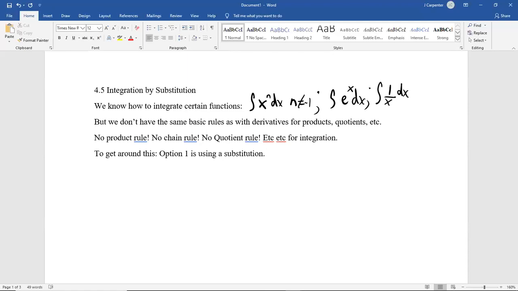Okay, so option 1 is using a substitution. Now, we've done substitutions before. Back when we called something in quadratic form, like factoring x to the 4th plus 3x squared plus 2, we'd say, let u equal x squared, the middle term.